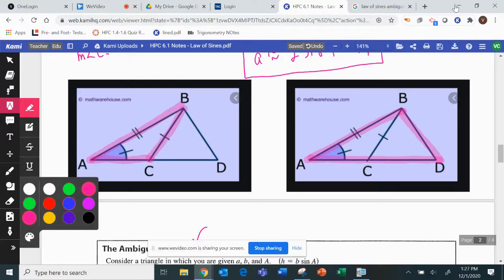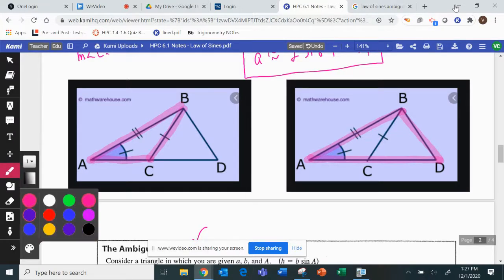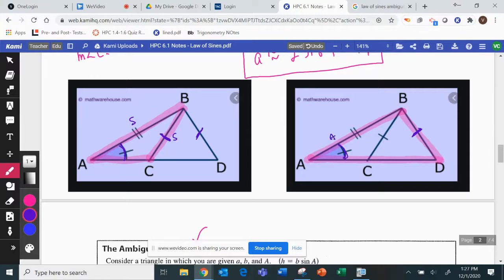I do know for sure that BC, because you just saw it swinging, and BD are the same length. So if we have angle, side, side, you don't know which one we have. There's two possibilities there. We're going to come back to this picture in a moment.